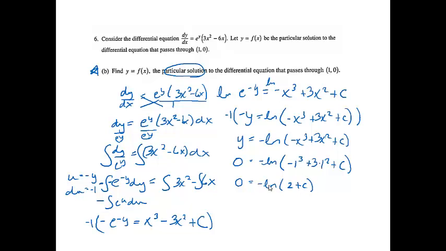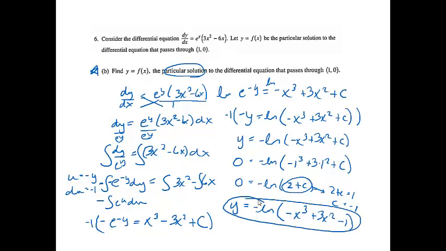And I know just from thinking about this that the natural log of 1 is equal to 0. So I know that this, the 2 plus c, is going to have to equal 1. So c would have to equal negative 1 in order for that to happen. So rewriting my final answer is going to be negative natural log of negative x cubed plus 3x squared minus 1. And voila, that's my answer.